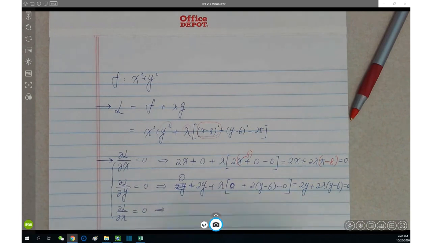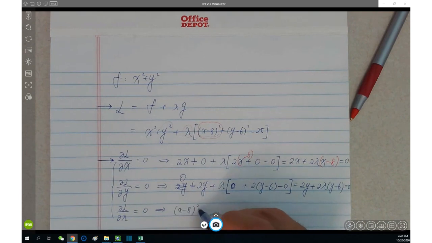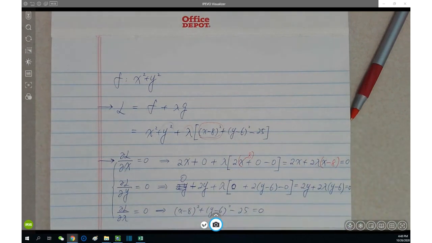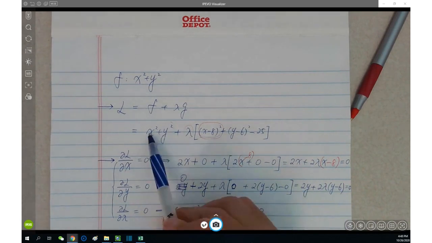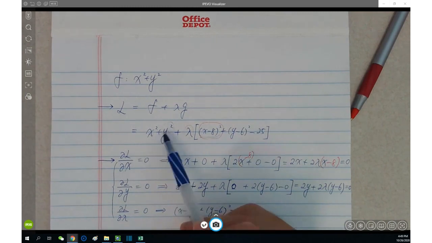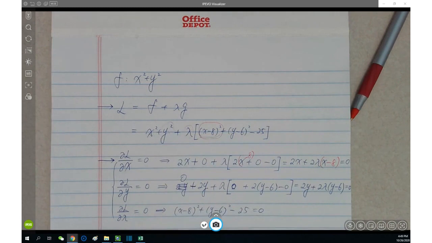What do you got? That's it. Because x squared and y squared, the partial derivative with respect to lambda equals 0. These terms are independent of lambda. So when you take the derivative with respect to lambda, it's 0. The basic concept of derivative.